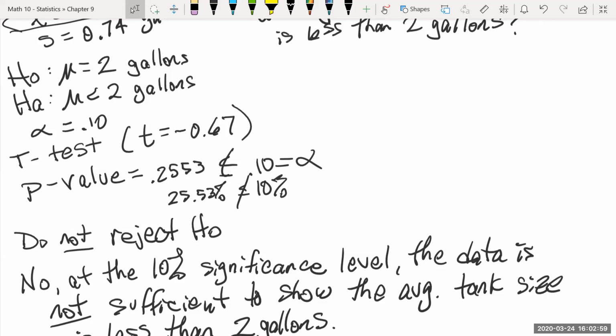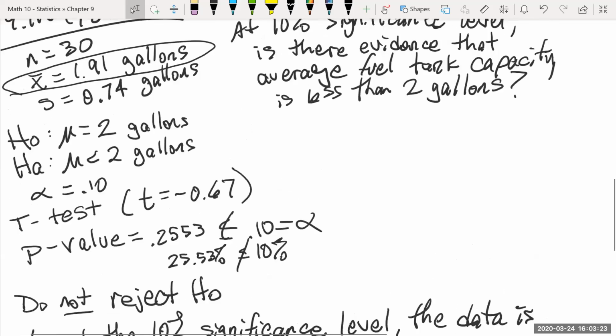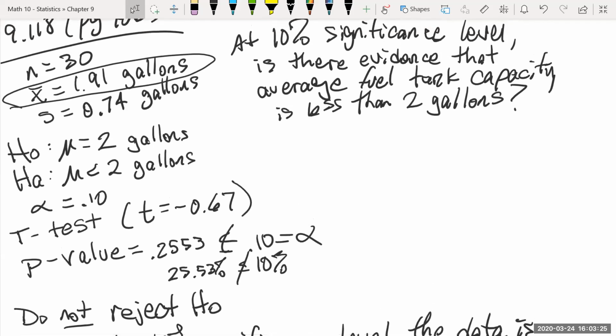Now, another thing that I want to point out is the way we worded the solution. We say, no, the data is not sufficient to show the average is less than 2 gallons. The conclusion's always in terms of the alternative hypothesis. Notice what I didn't say was, no, the data suggests mu is equal to 2 gallons. How in the world can we get an X bar of 1.91 gallons and that proves the population mean is 2 gallons?